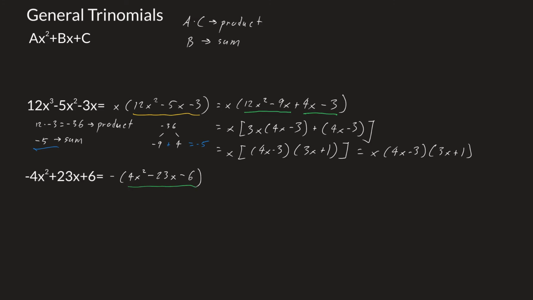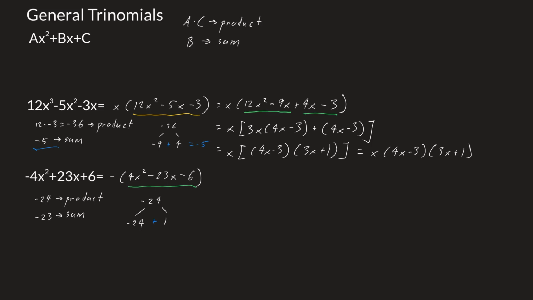So again, now I'm going to focus on that part that I underlined in green. So now I'm trying to find a product of two numbers that give me negative 24 and whose sum is negative 23. Well, this seems easy enough, right? Negative 24 and 1 gives me negative 24 when I multiply it.